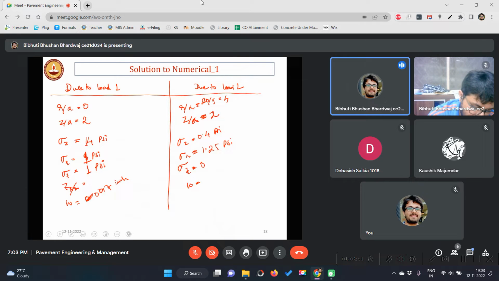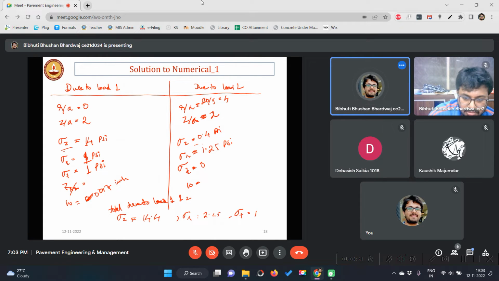Now total due to load 1 and 2, you have to simply add this. It will be 14.4. Sigma R will be 2.25. Sigma T will be 1.